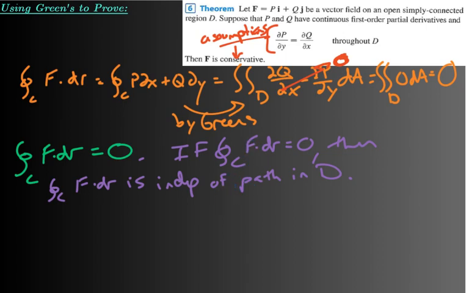It doesn't matter which way you go around your loop. Any way you want to go, it's just equal to 0. This is true for an arbitrary path, so it's independent of path.